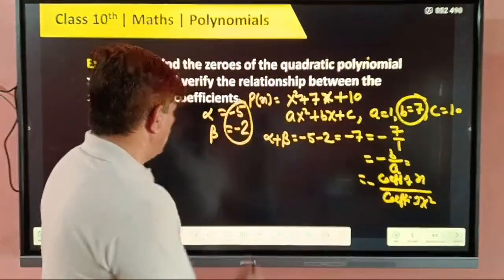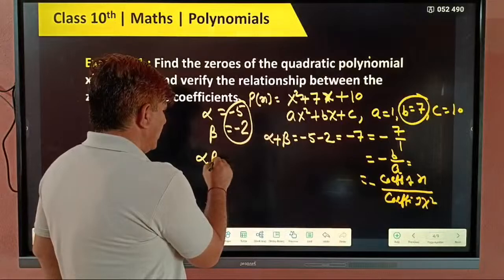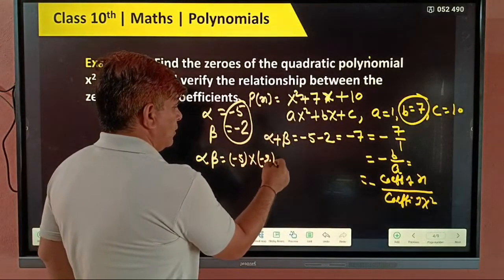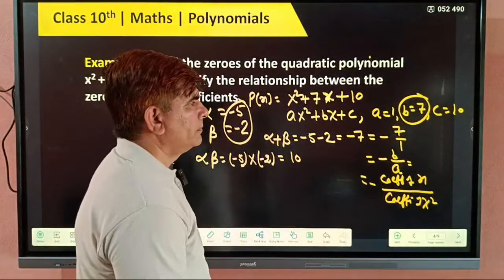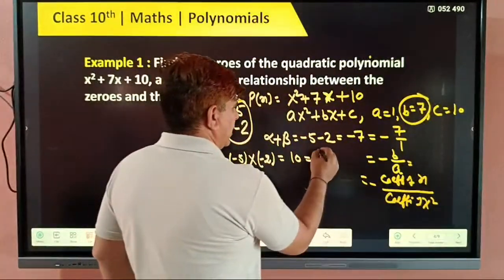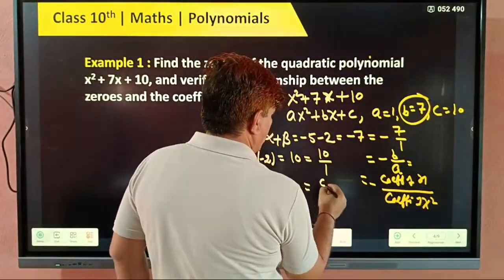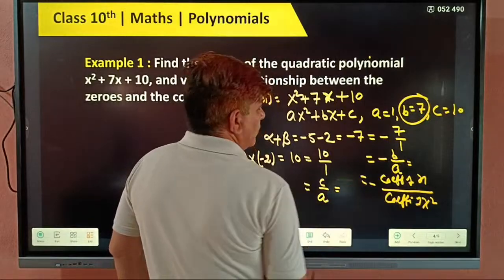Got it? Now what's alpha beta? Alpha beta is equal to minus 5 into minus 2. How much? 10. 10, how can we write? We can write 10 by 1. What's your 10? According to this, c by a. 1 is a.